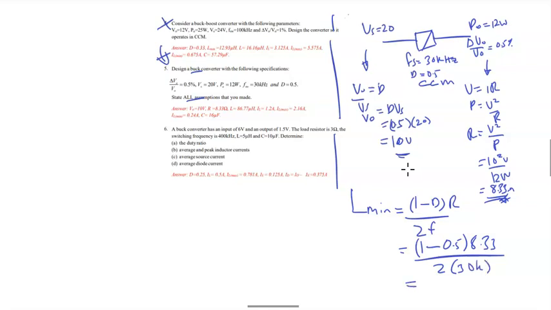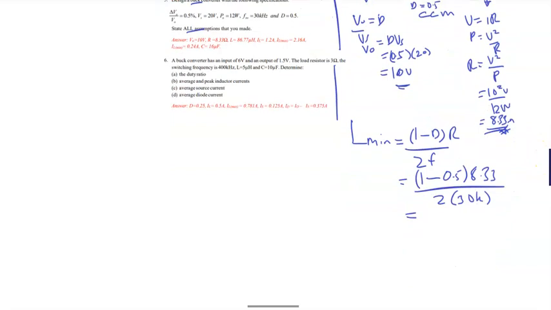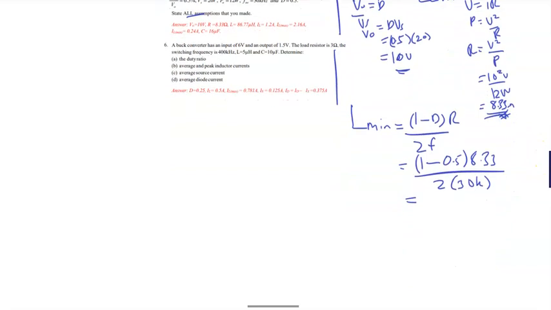So we shall get, please write accordingly your steps. So 1 minus 0.5 will be 0.5 times 8.33. So please help to write the steps again. Don't just do the bulk calculation, then you get the wrong answer.